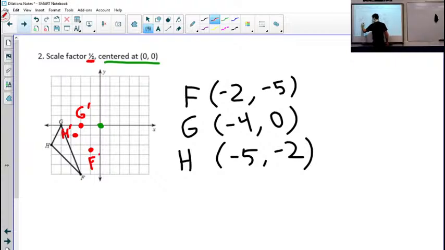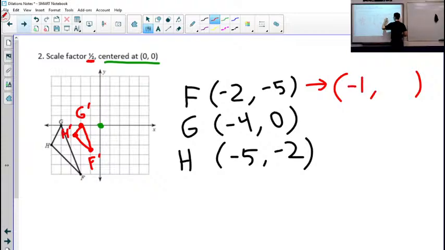Here's F prime. And we can go ahead and write those coordinates down. So F prime just moved to 1 and down to -2.5. I'm going to write that as 5 halves because that's half of 5. You can use 2.5 if you want.